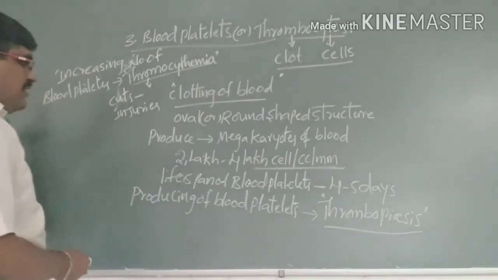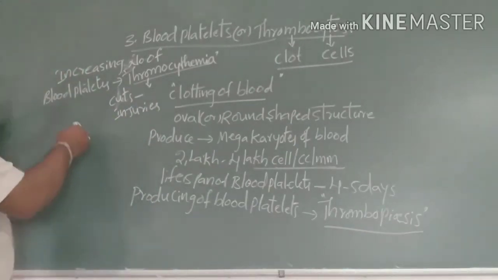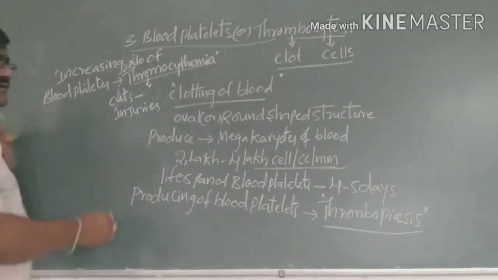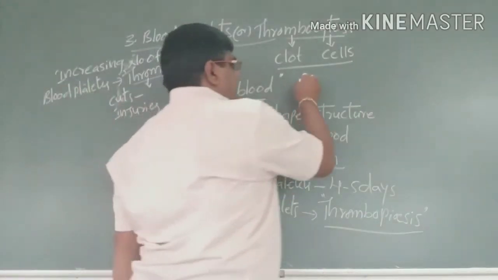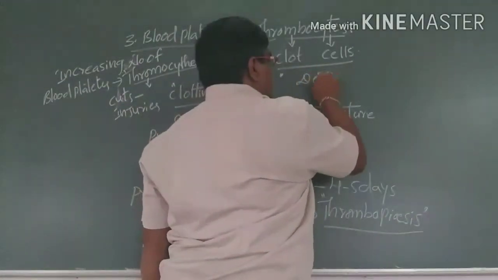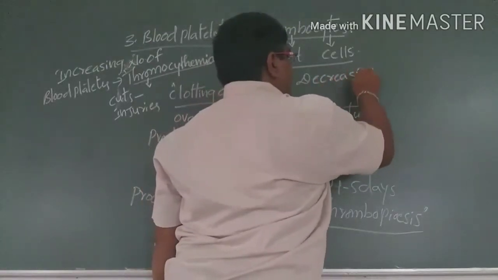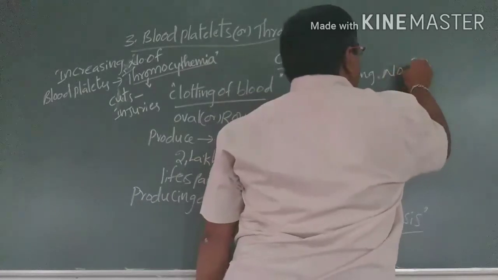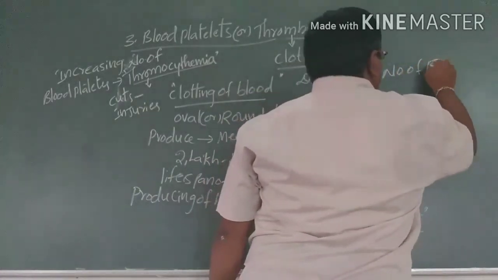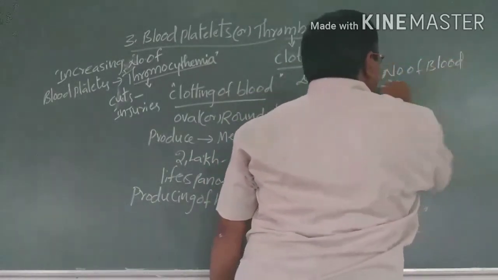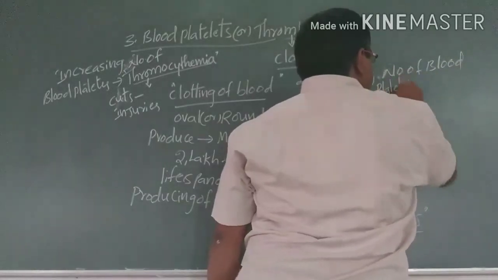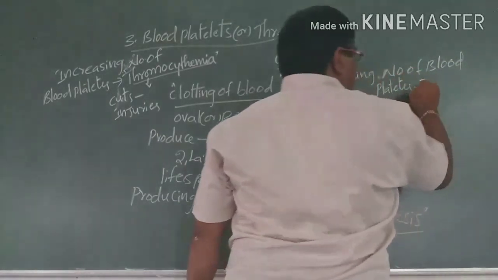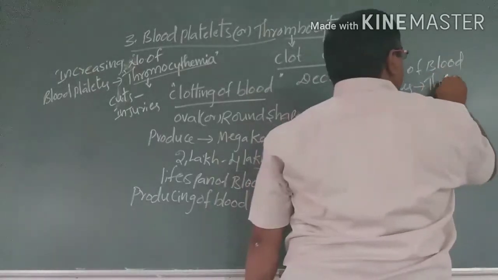And decreasing the number of blood platelets is called thrombopenia.